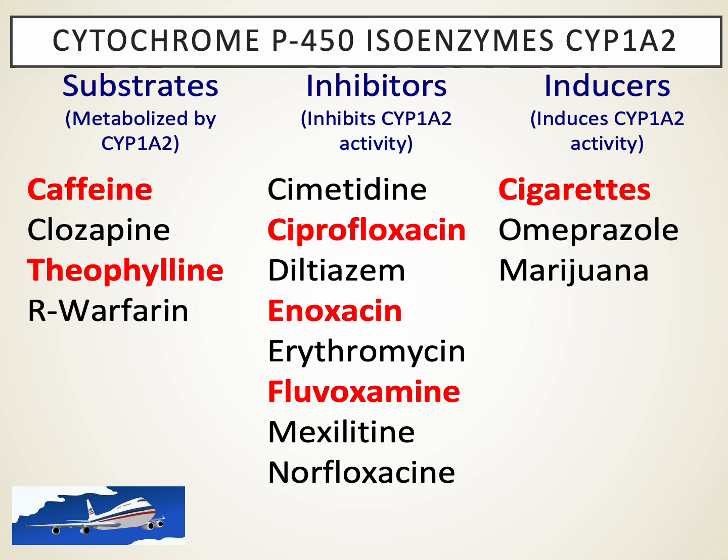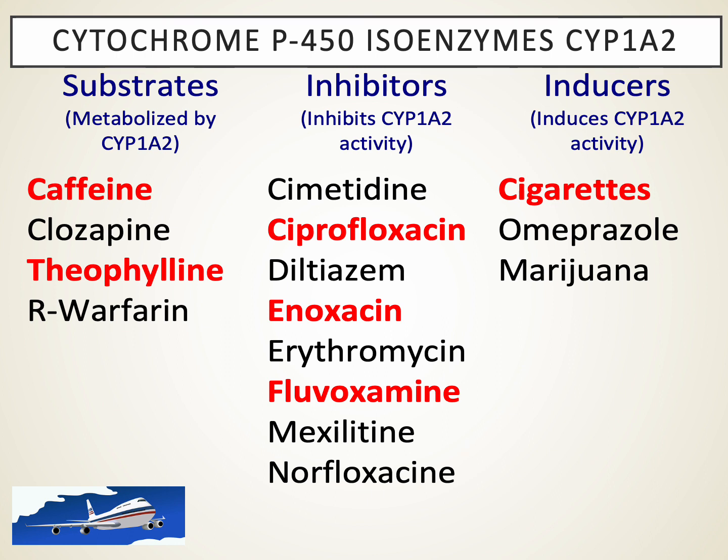So let's first start with the cytochrome P450 enzyme 1A2. The first left-hand column lists some commonly used drugs or substances that get metabolized by cytochrome P450 1A2. Caffeine and theophylline are classic examples. Clozapine, which is an antipsychotic that is a last resort antipsychotic because of other side effects, gets metabolized by it.